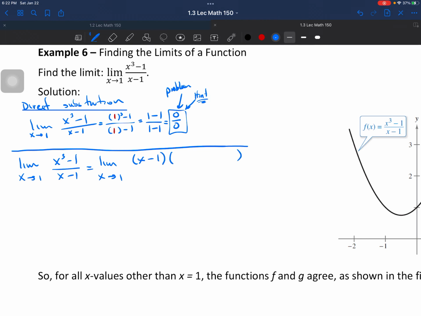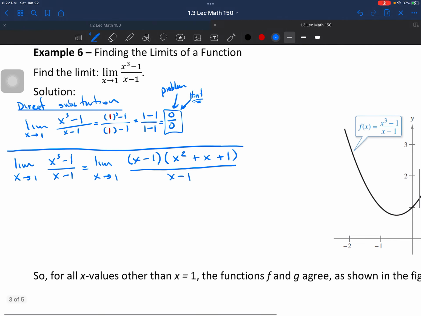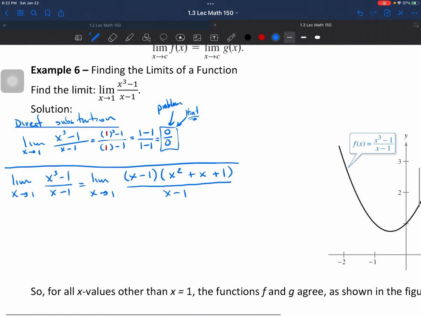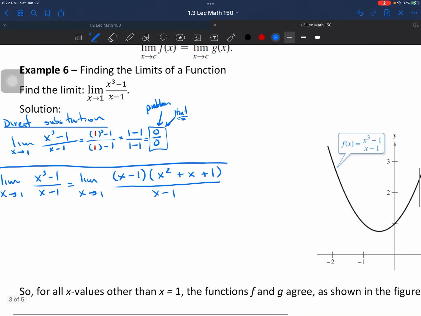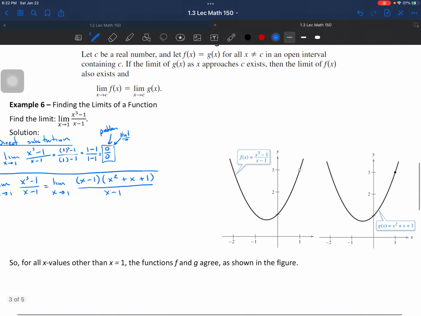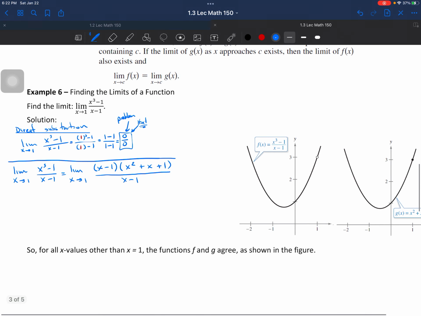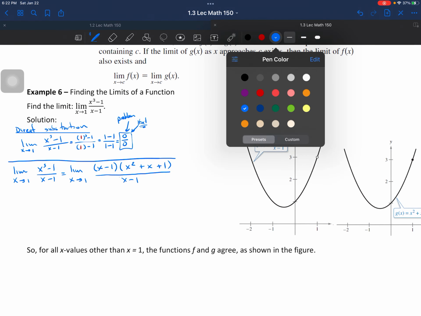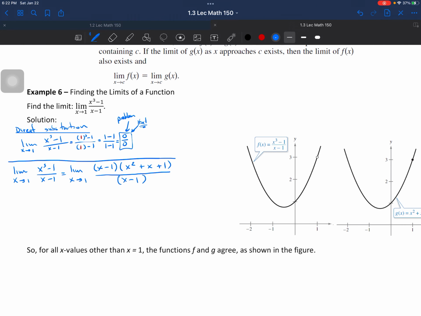And what's left behind, by approaches that we have used in previous algebra courses, is x squared plus x plus 1. So this is what we're left with, and what we remember in algebra is that the x minus 1 factors can cancel each other out.